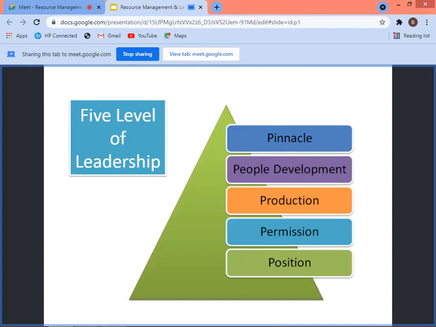It doesn't mean that you are good in terms of leadership, in terms of human relation skills. It doesn't mean that you're really good as a leader. But the company has assigned you a position. So the people working under you have no choice.